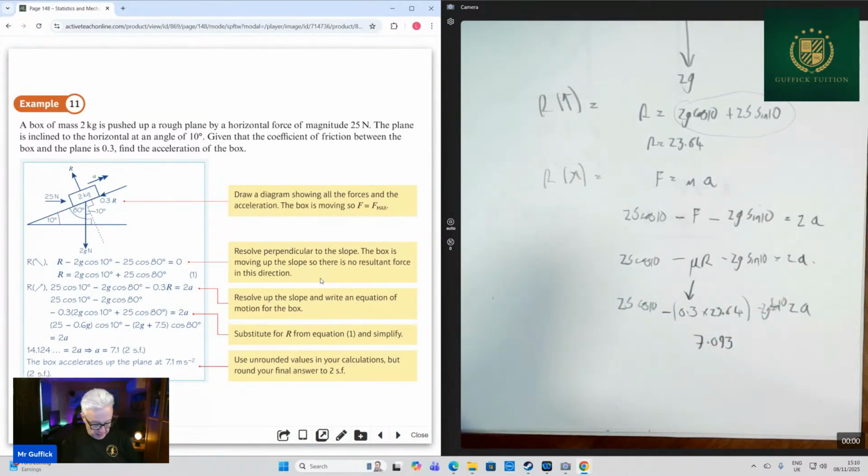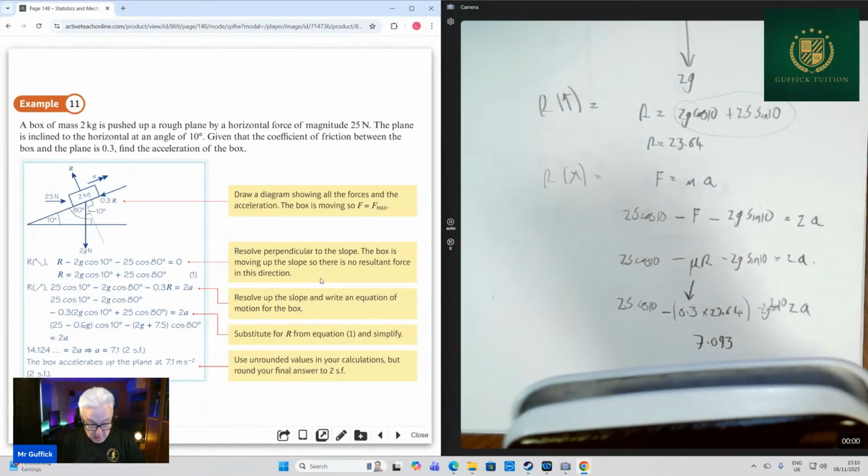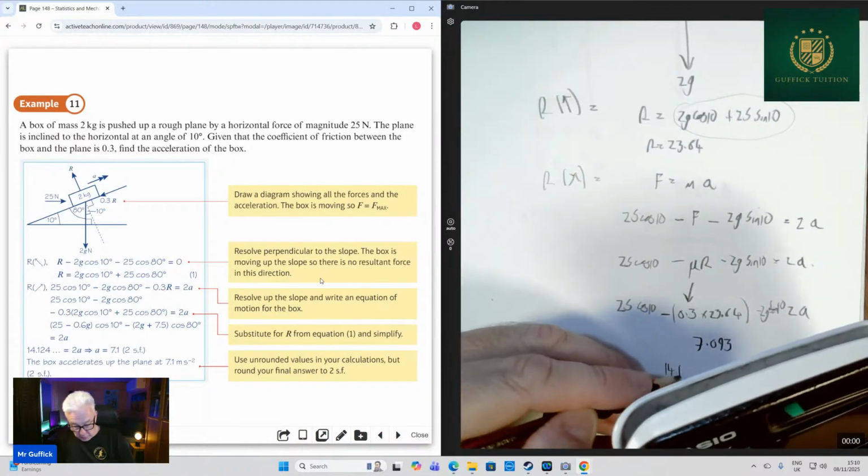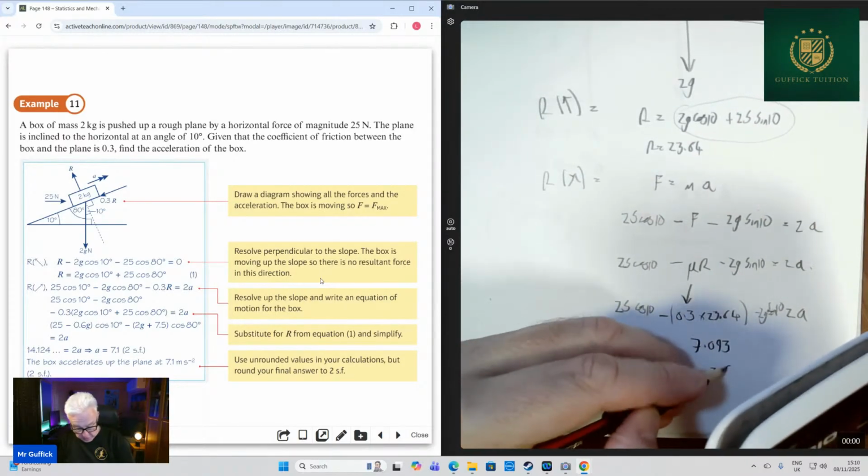So then we're going to have 25 times cos of 10 minus our 7.093 minus our 2 times 9.8 times sine of 10. Okay, close bracket. That gives me 14.12. That's looking promising. So I get that 14.123 is equal to 2a.